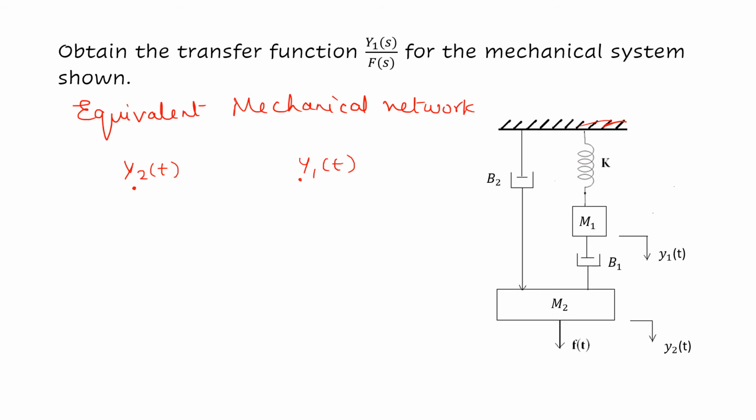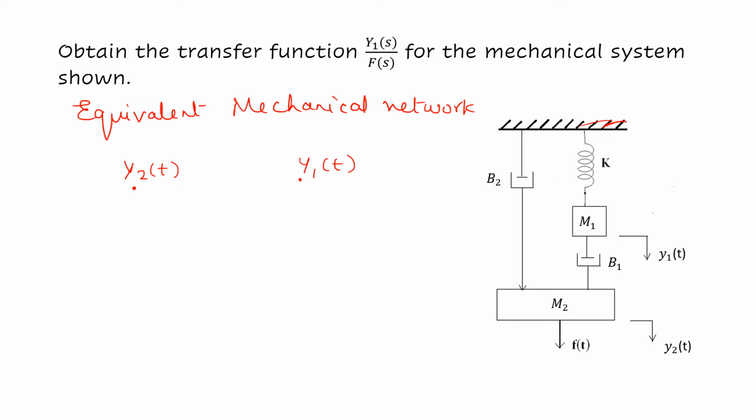Next, at this particular y2(t), the applied force is F(t) with the mass of the body m2, and we have the damper B2 which is directly between this m2 and the reference frame.